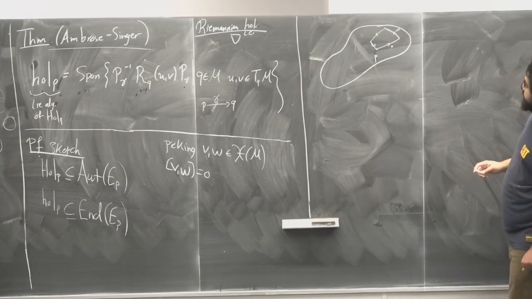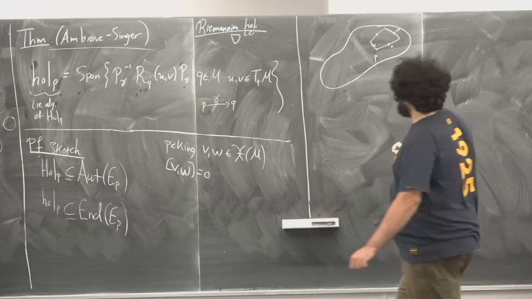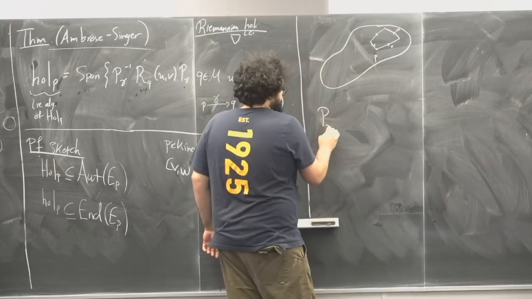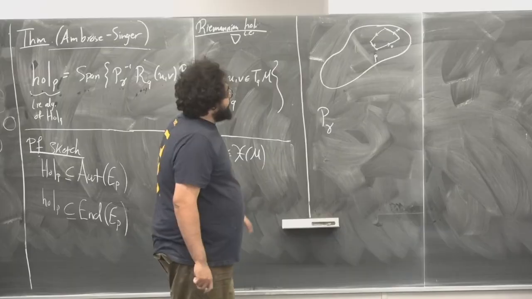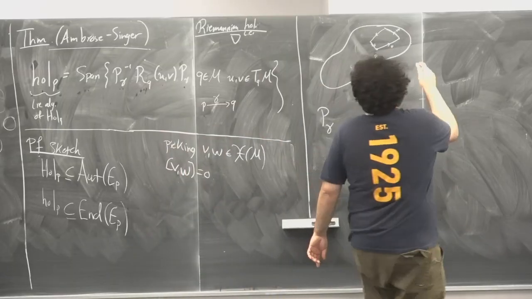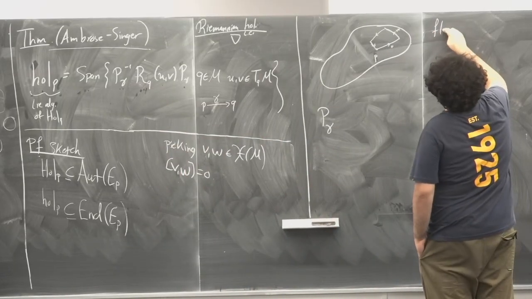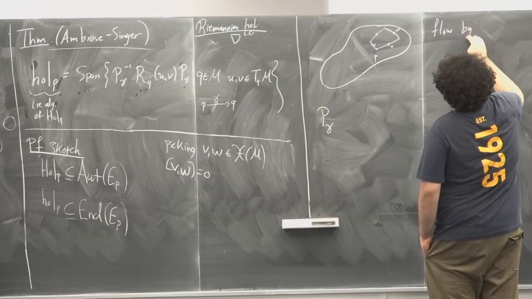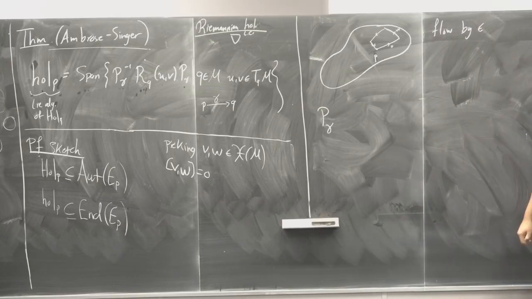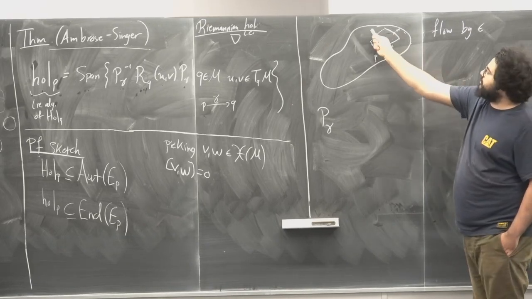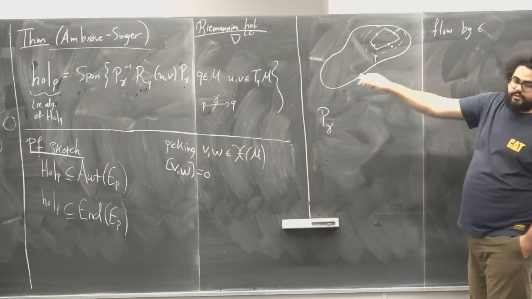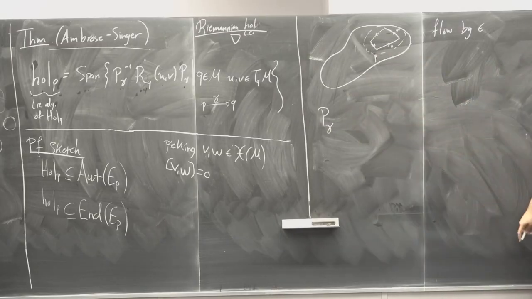and I can compute this P_gamma as long as I flow by a very small amount. So we flow by just an epsilon, so that you can actually have all of this sitting inside of a coordinate patch, and that you can compute everything with coordinates.